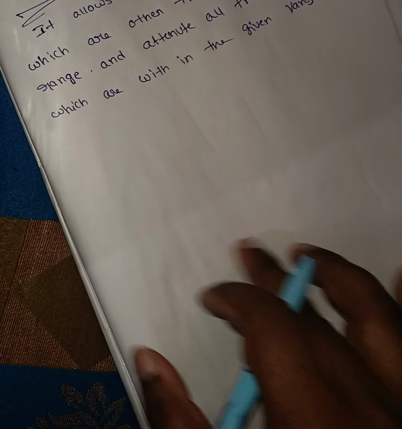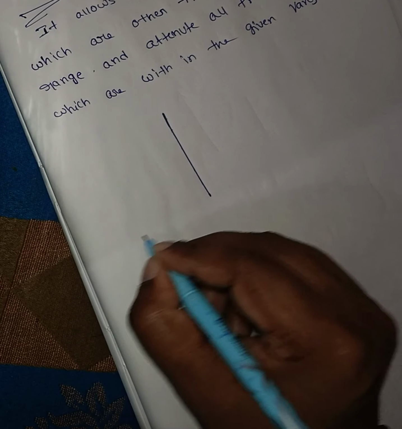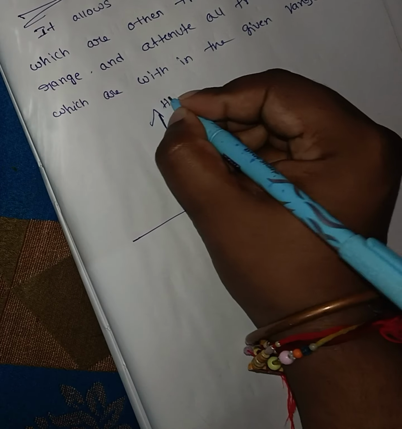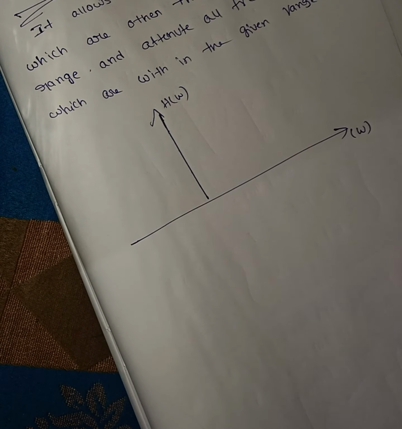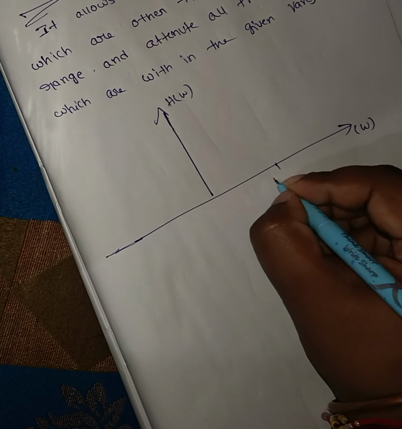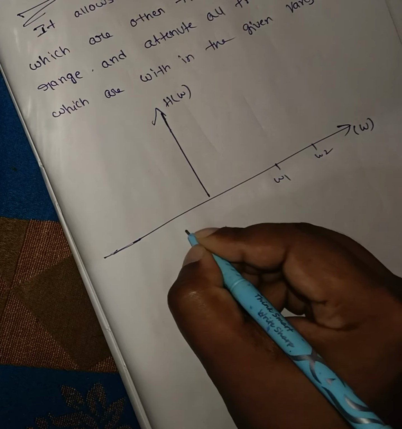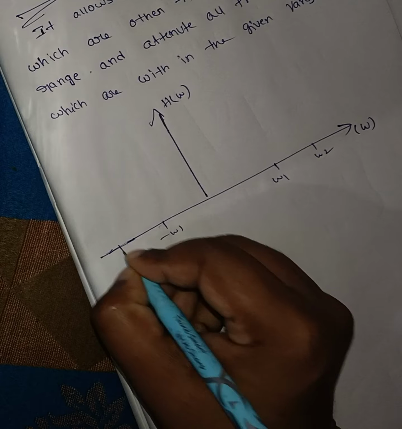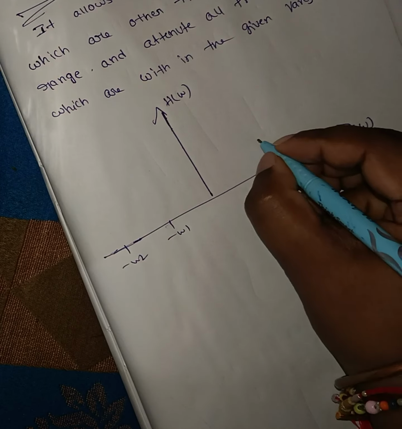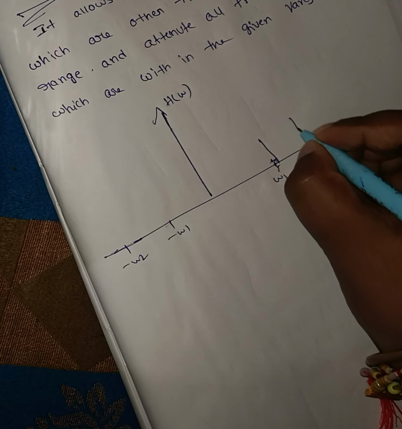So how does the graph look? Same omega and transfer function H of omega. For example, they have given omega 1 and omega 2. So same, minus omega 1 here, minus omega 2. In between omega 1 to omega 2, it will suppress.